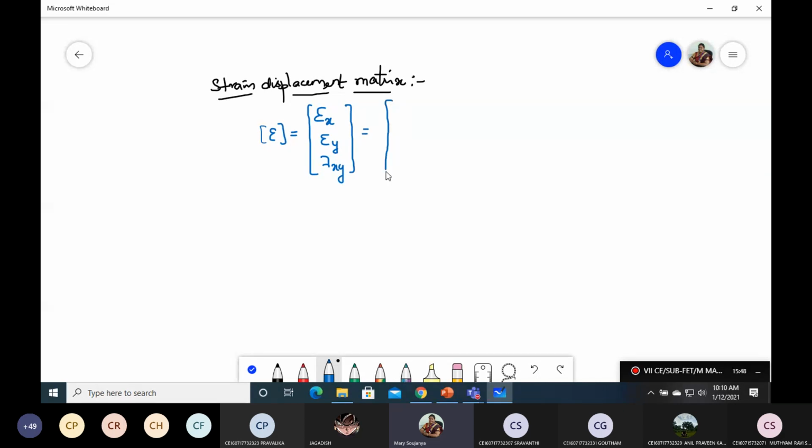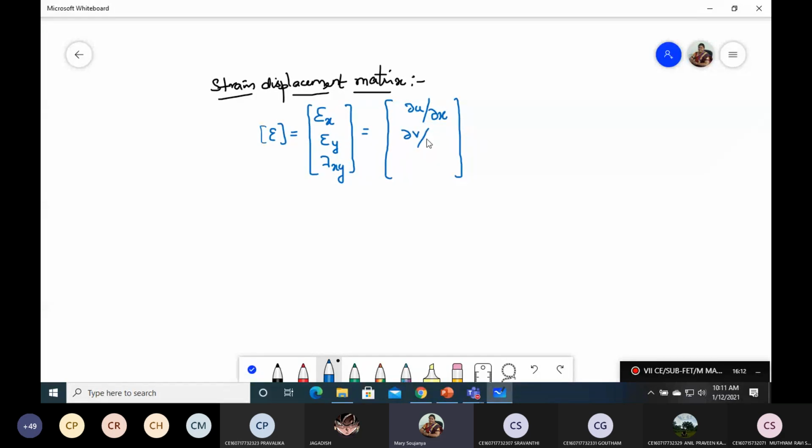Now from the very first class, what we have seen in unit 2, the topic that comes under unit 2, the strain displacement relationship. In that, what is epsilon x? Epsilon x is dou u by dou x, where u is the displacement in x direction.